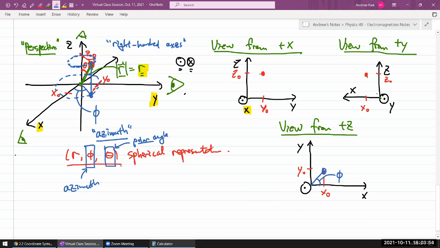So given this spherical representation, the task that if you are able to do it, then you can tell yourself that you understand this coordinate system well enough is how to go from here to the representation that describes the x, y, z components.